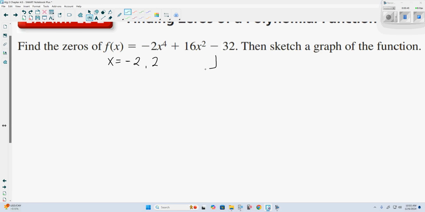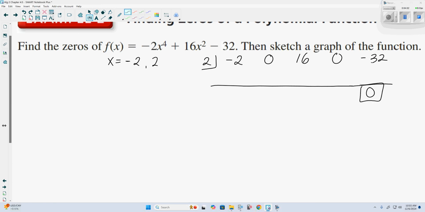So here, if we do synthetic division with 2, and we plug in our values across the top, so negative 2 for x to the fourth, 0 for x cubed, 16 for x squared, 0 for x, and negative 32, we should expect the remainder to be 0. Because it is a solution, when we plug it into the function, the value should be 0. Because when we solve, we're looking for values of x that will make the function be 0.